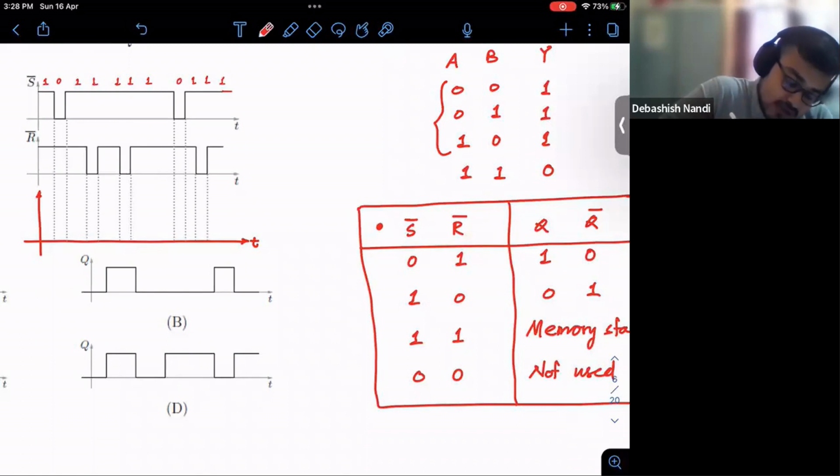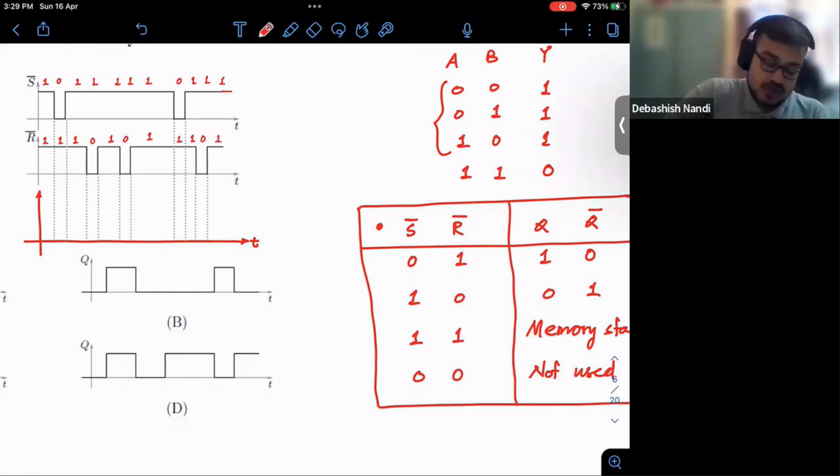Fine. So what is here? You have 1, you have 1, you have 1, you have 0 for R bar, right? You have 1 here. Again, you have 0, you have 1, you have 1, you have 1, you have 0 and 1.